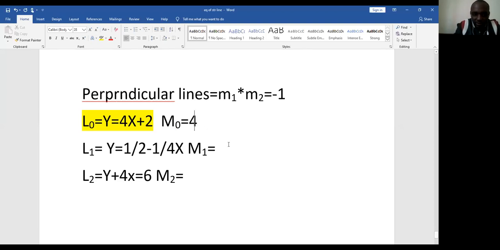Those are your gradients. Let me write it properly so that it can be seen, there is no problem because you're going to come again.